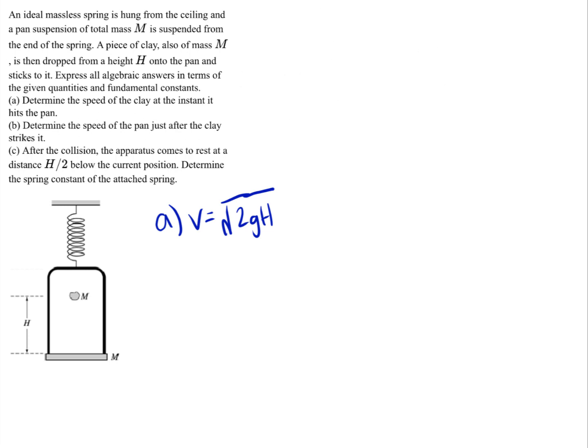Now, B asks us to determine the speed of the pan just after the clay strikes it. There's momentum conservation, which states that the momentum before a collision is equal to the momentum after the collision. Sometimes, like in this case, the clay sticks to the pan.